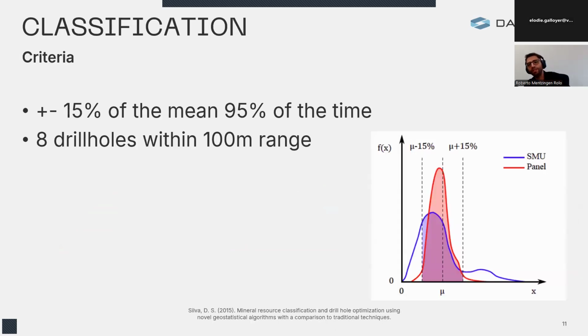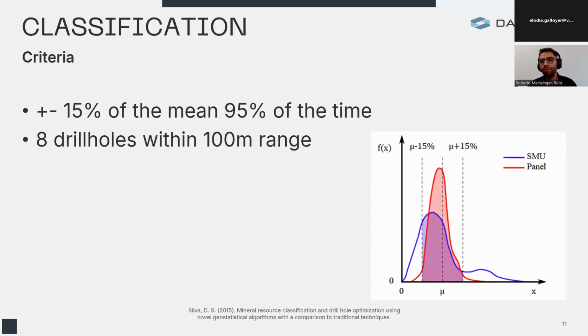So the first application of simulations I'd like to discuss is mineral resources classification. Simulations provide several important advantages compared to traditional methods based on kriging variance or geometric rules. Conditional simulations generate multiple equiprobable realizations, which means we can assess the full distribution of possible outcomes instead of relying on a single deterministic variance, as in kriging.